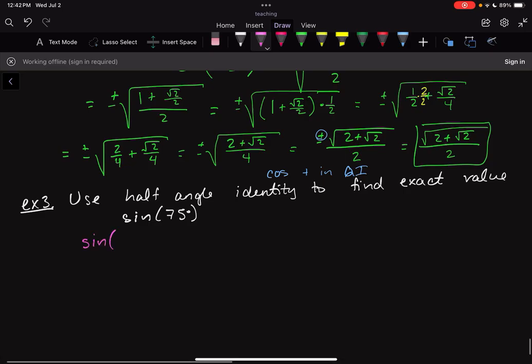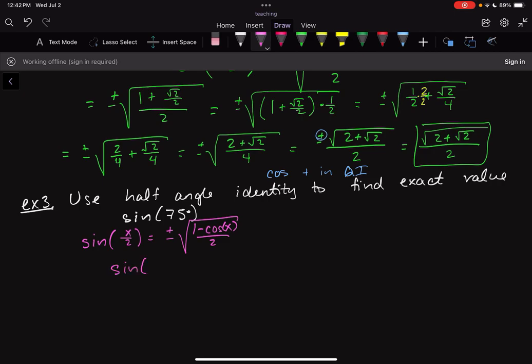So sine x over 2 is equal to plus or minus the square root of 1 minus cosine x over 2. So there's the identity. So I'm trying to compare it to sine of 75.